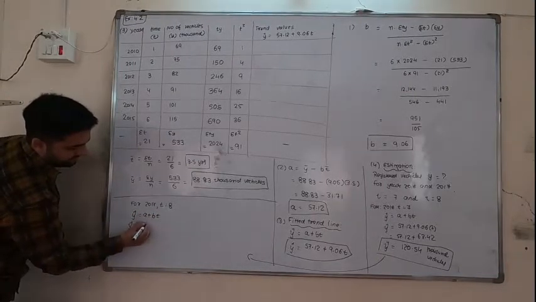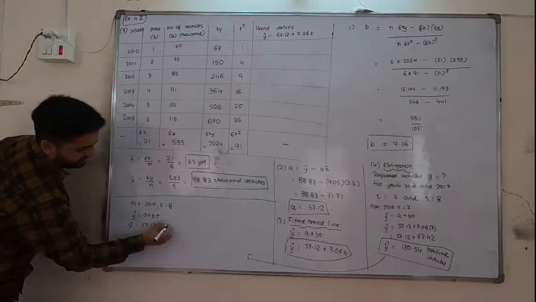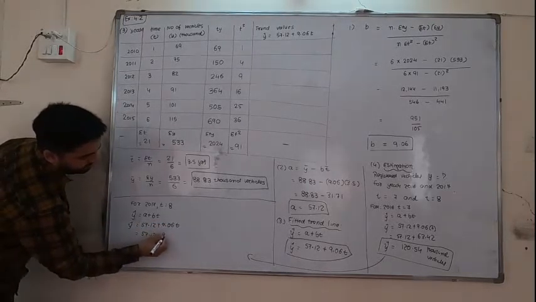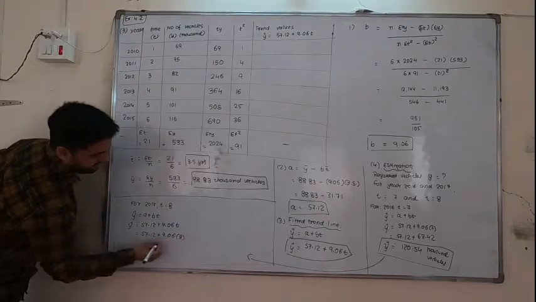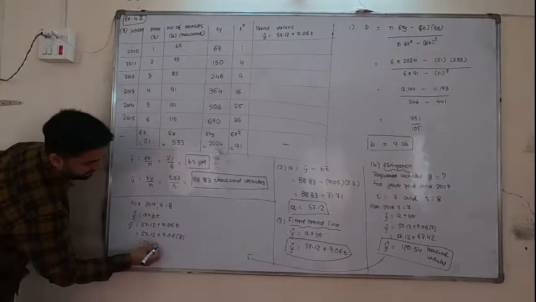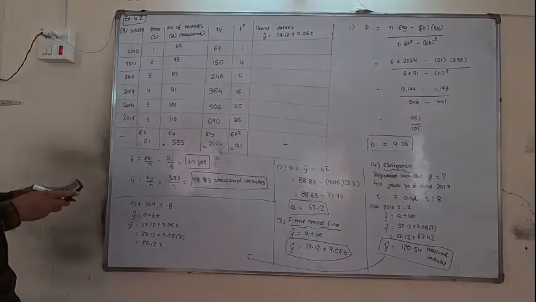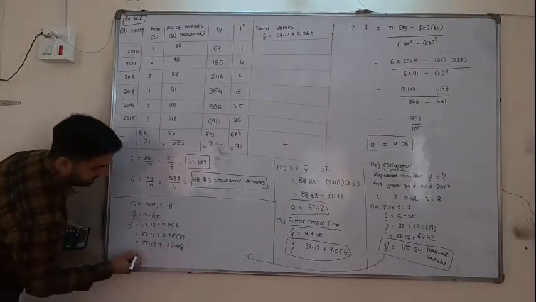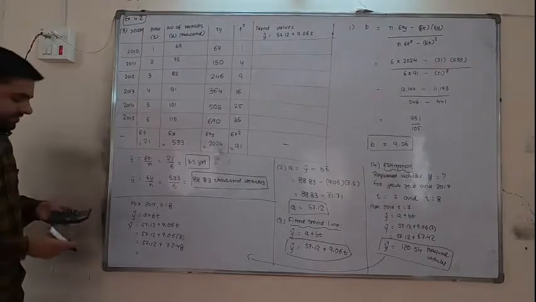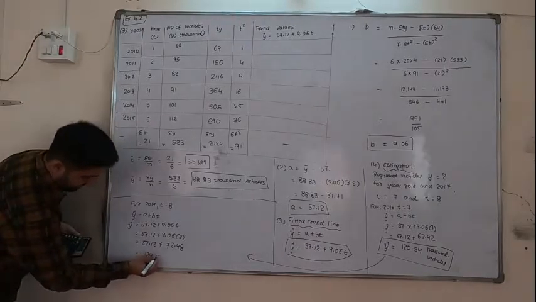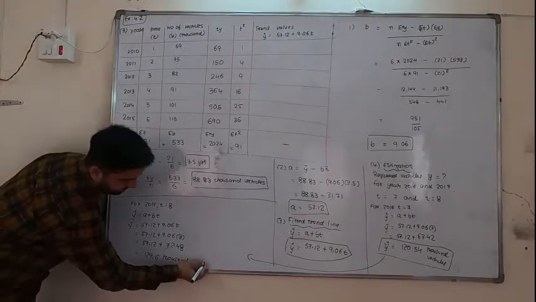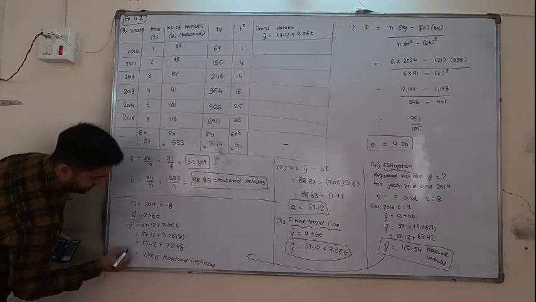Y cap is 57.12 plus 9.06 t. 57.12 plus 9.06 multiply 8. 9.06 into 8 is 72.48, plus 57.12 is 129.6 thousand vehicles.